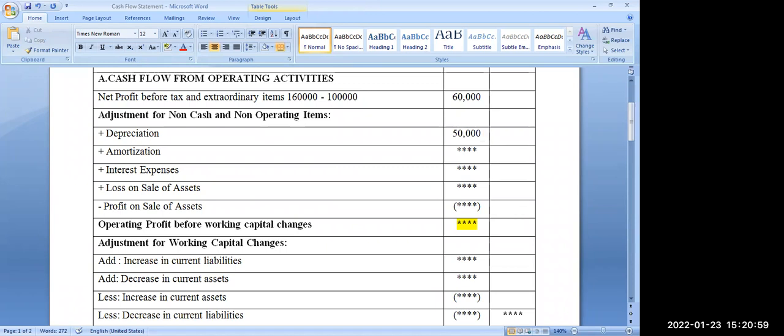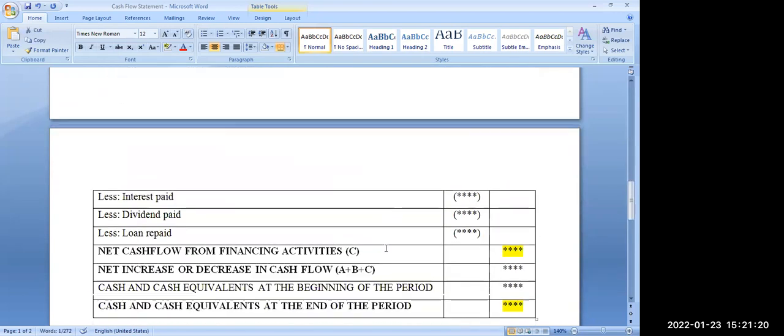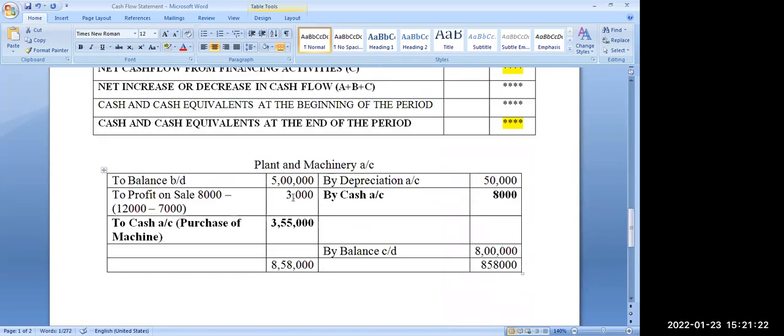After that, there is a profit on sale of machine. That we will take separately. If there is a gain on the sale of machine, should it be reduced from the net profit or added to it? Gain of how much? A profit of 3,000.